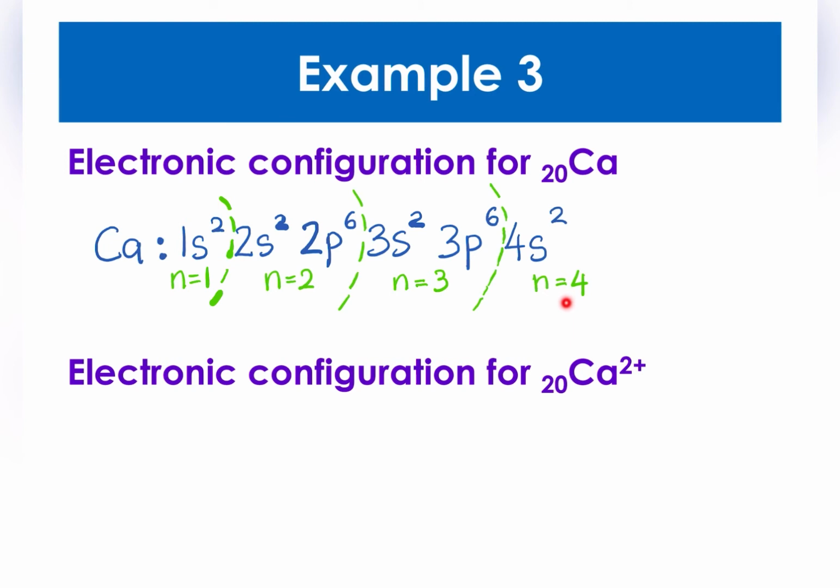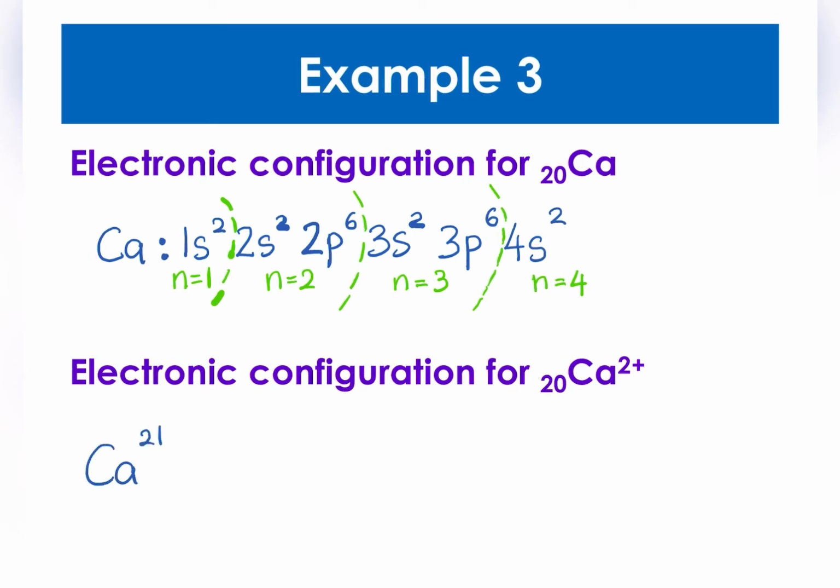Maksudnya, the valence shell. So I'm going to remove 2 electrons from the 4s orbital. So what's left right now is Ca2+. Make sure you put the charge. 1s2, 2s2, 2p6, 3s2, and 3p6. So that's it for electronic configuration of Ca2+.